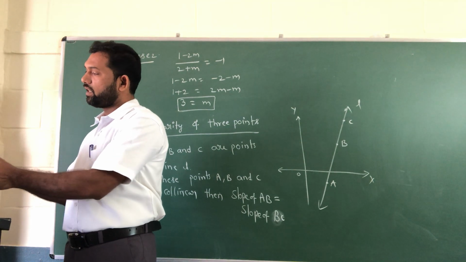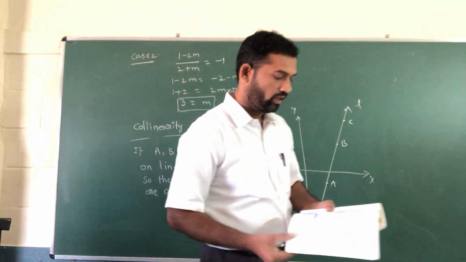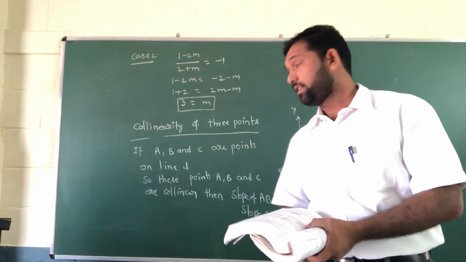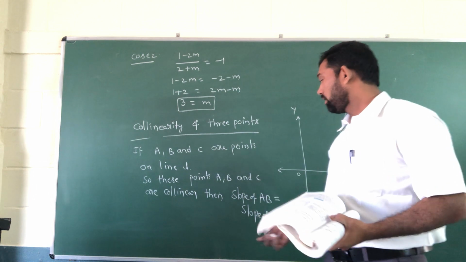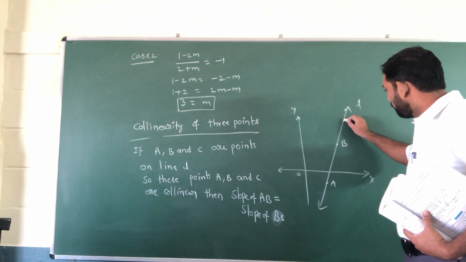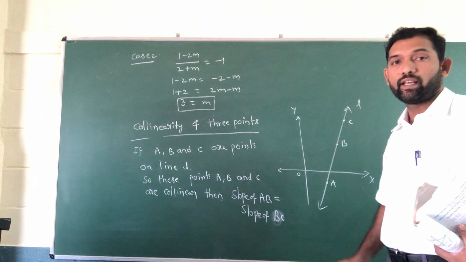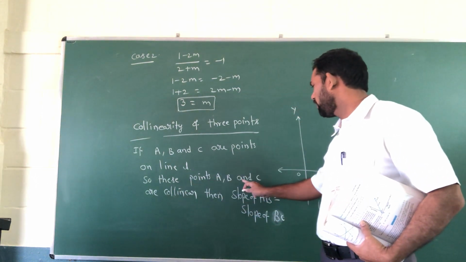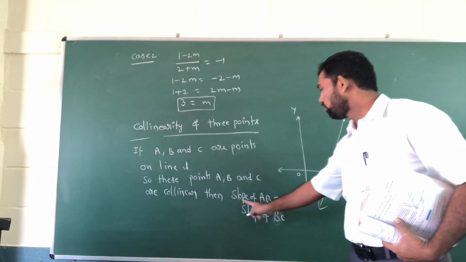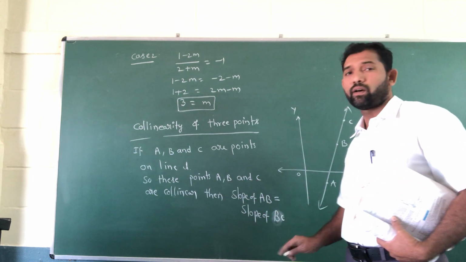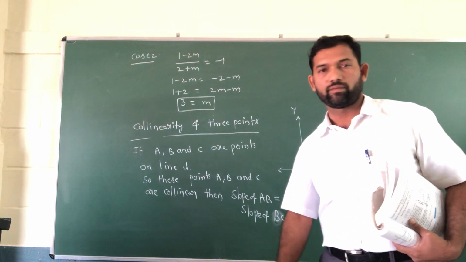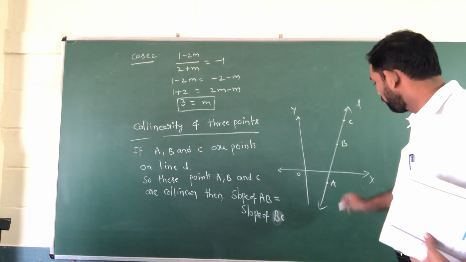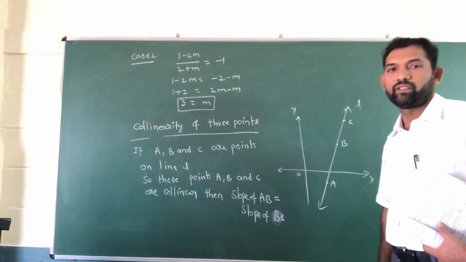That is one condition. Another condition is that their slopes are equal. So three points lie on the same line means the points A, B and C are collinear, so slope of AB equals slope of BC. That is the collinearity condition.